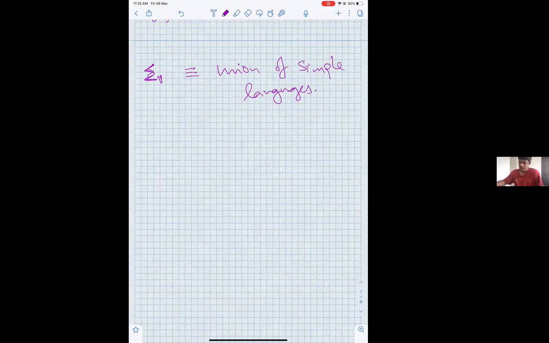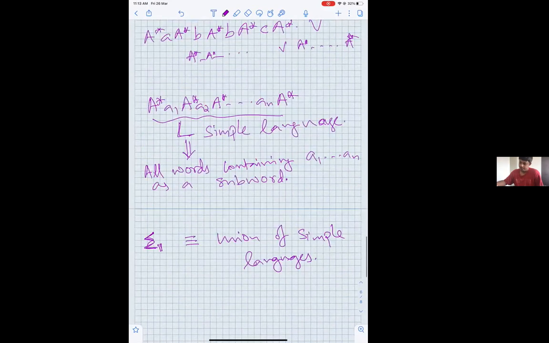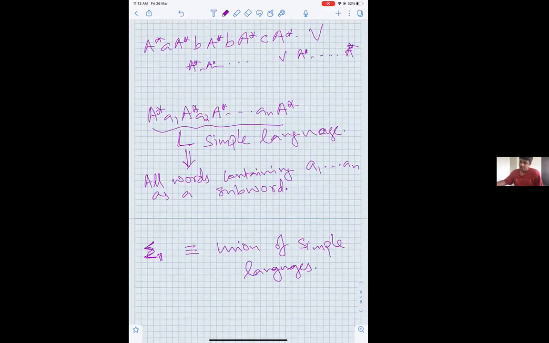So you should be able to tell me if it is in sigma 1. So at the moment, we are not yet there because we just characterized sigma 1 languages as a union of simple languages, but still we don't know how to check if a given FO formula or a given regular language is a simple language. So we have to work for that.